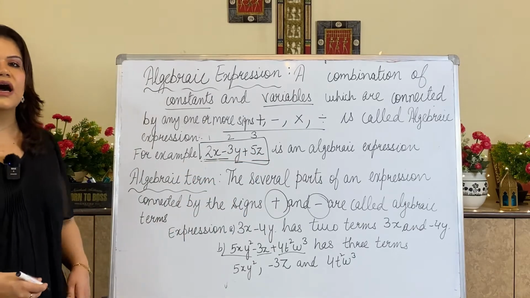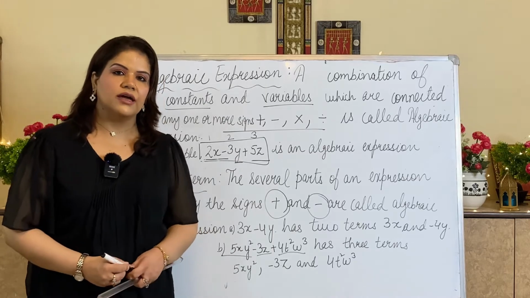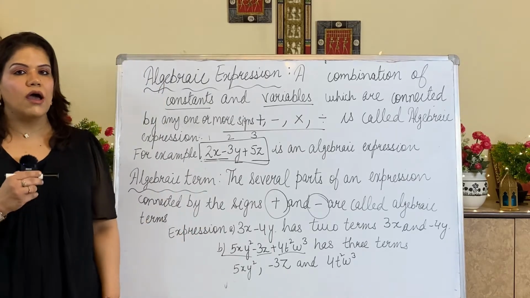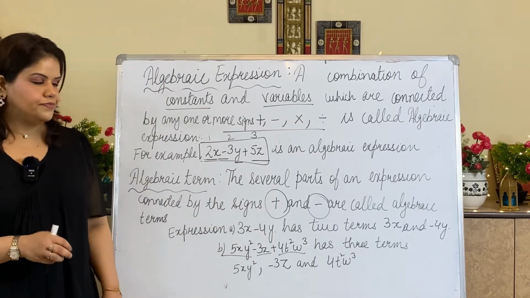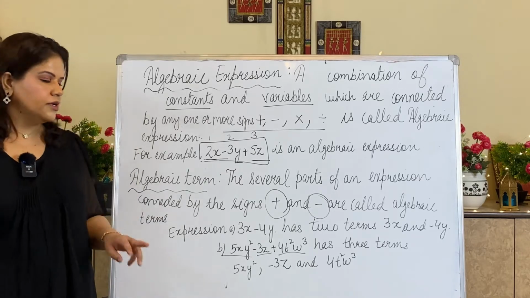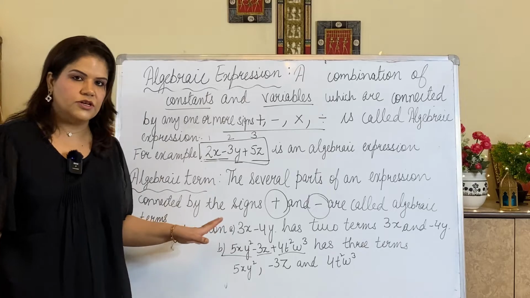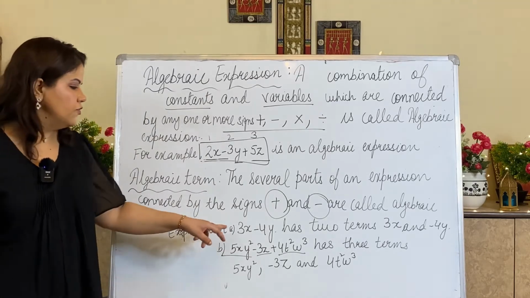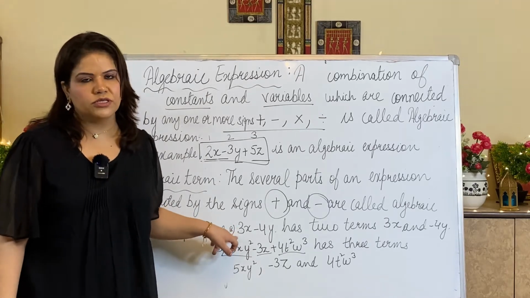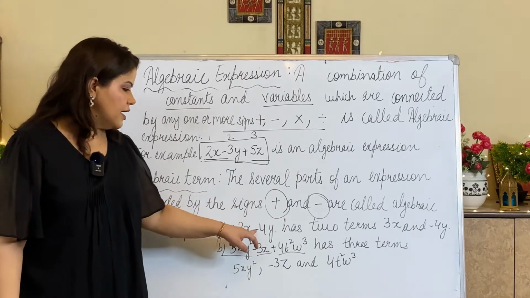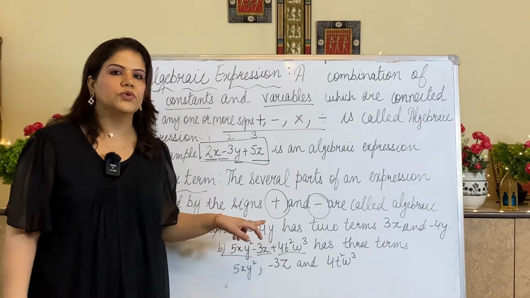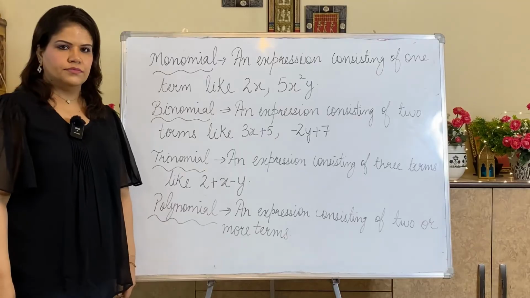And terms are connected by the sign of addition and subtraction. And the third important thing which you have to remember is, if the first term is positive, we don't write positive sign. But with negative term, we need to write minus sign.